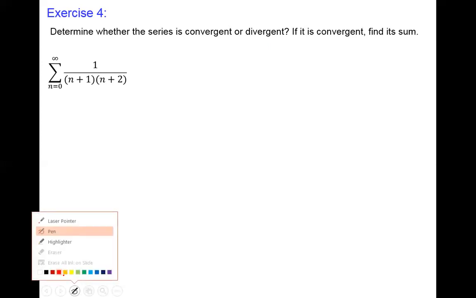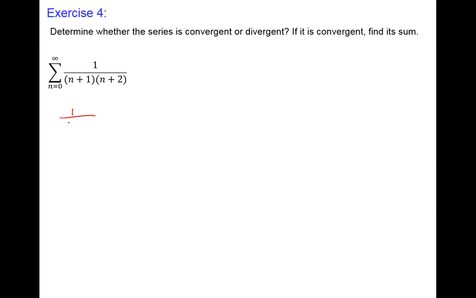That means I will do the partial fraction decomposition. Right? This is n plus 1, and this is n plus 2. I know that I can have a fraction a over n plus 1 plus b over n plus 2. Always put addition. Okay, and now I can find a and b.